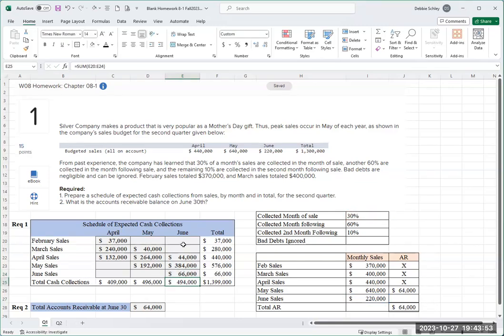Okay, so there are several ways I can figure out what is left, and I think the easiest way is to take June sales and subtract what we expect to collect in June. And so that gives me the answer to required 2 right there. So this is completely filled out, even though some areas are left blank. That's because there's nothing collected in those spots.